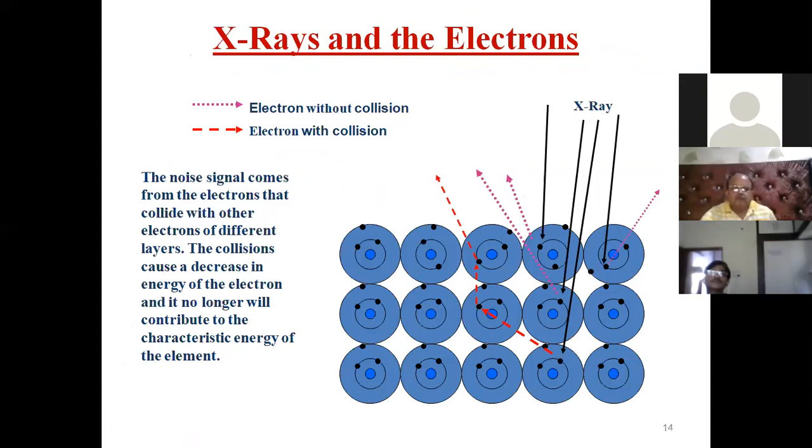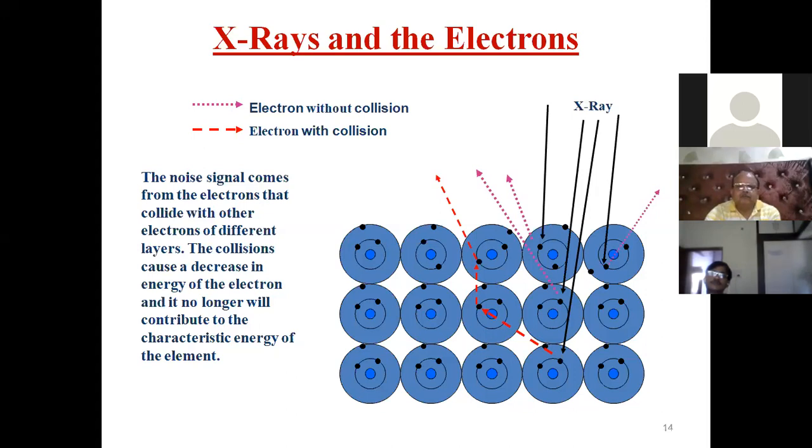So, X-rays and electrons: we have seen that electrons are emitted when X-rays are incident on the atoms. But there are two kinds of electrons. The electrons emitted after absorbing energy from X-rays may come directly without collision, as well as with collision with other atoms' electrons, which causes a decrease in energy of the ejected photoelectrons.